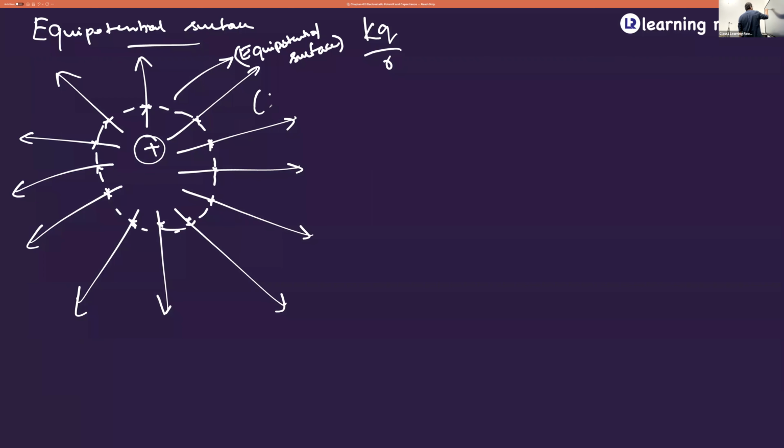So it takes the shape of a sphere. That's only for isolated. So make a note of it.